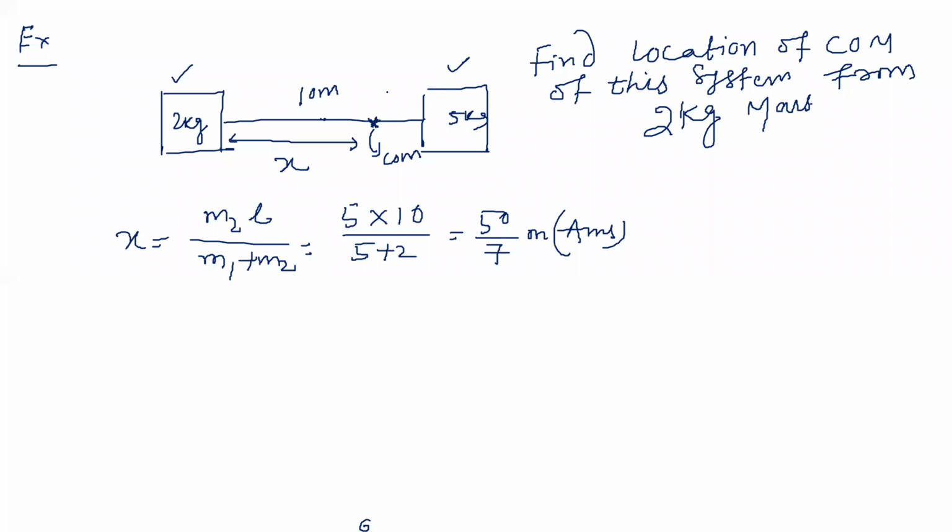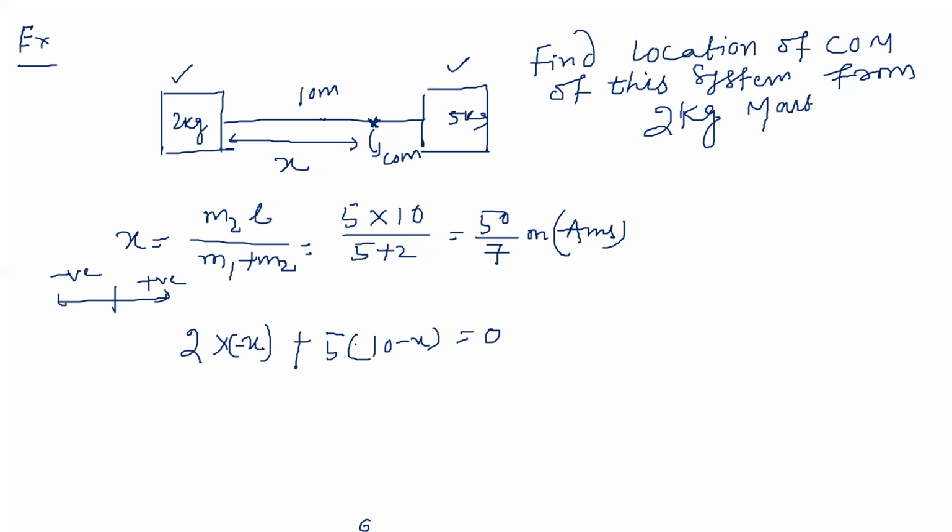That means, students, what I did: I found the center of mass of this object with respect to this, then the center of mass of this object with respect to this, then I added, and the addition is going to be 0. So let's apply the mass moment concept. I can write 2 into minus x, because I've taken the left side as negative and the right side as positive from the reference point, plus 5 kg into 10 minus x is going to be 0.